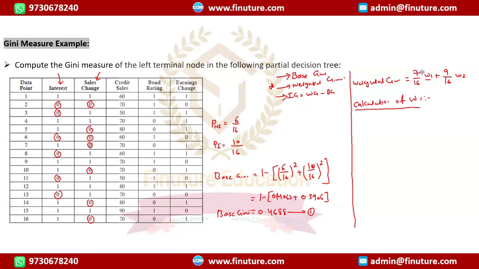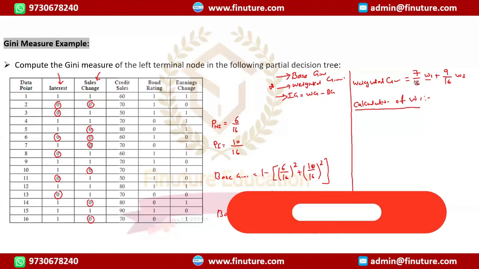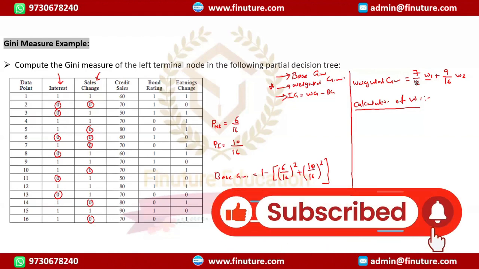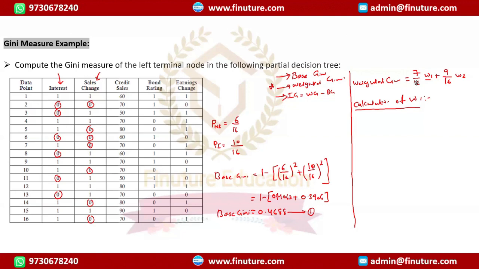Instead of 16, you now have 7 companies, or from 16 we are just focusing on 7. It's not that there are really only 7 firms, but the discussion we are doing is on these 7 firms. For these 7 firms, I will count where there was no sales change and no interest rate obligation, so wherever both are 0.